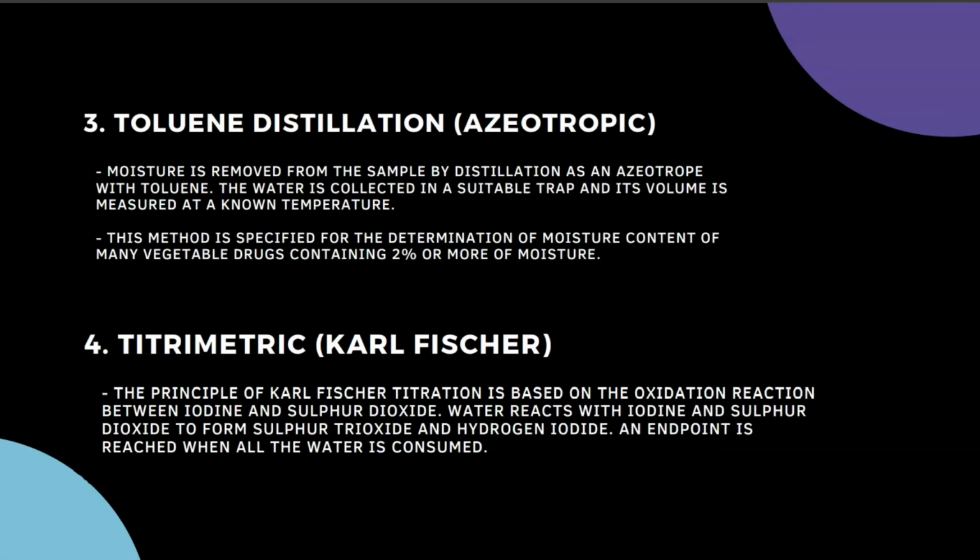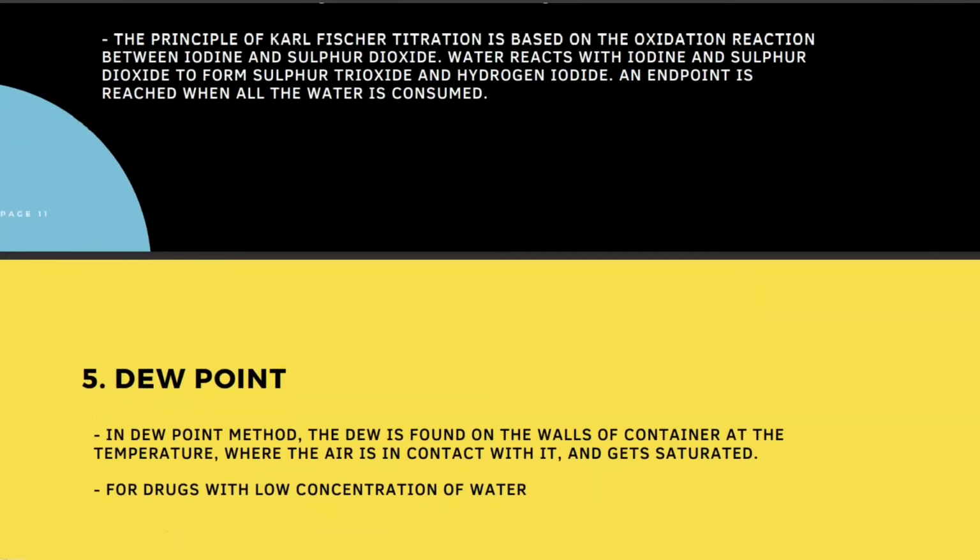Fourth, titrimetric. The principle of Karl Fischer titration is based on the oxidation reaction between iodine and sulfur dioxide. Water reacts with iodine and sulfur dioxide to form sulfur trioxide and hydrogen iodide. An endpoint is reached when all the water is consumed.